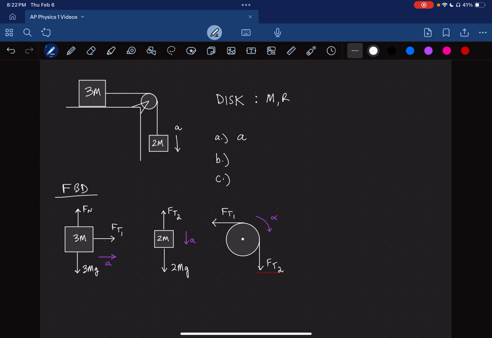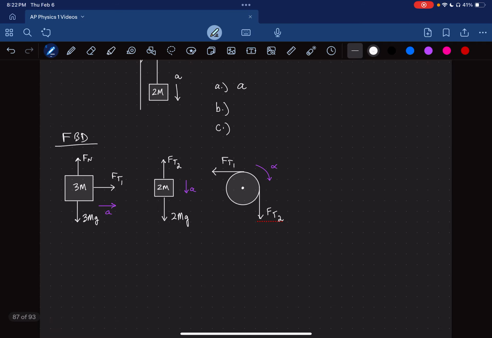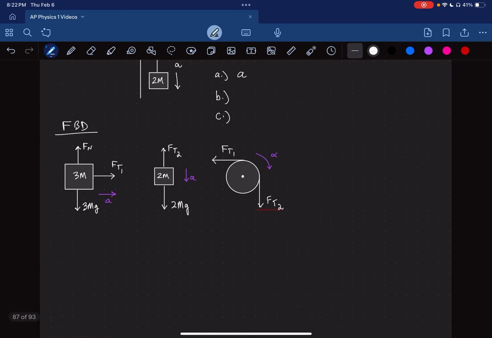So let's write some equations and let's figure out acceleration. Now, we have three objects here. We can actually write three equations. Let's write the sum of all forces equals 3ma for this object. The sum of all forces is equal to 2ma for this object.